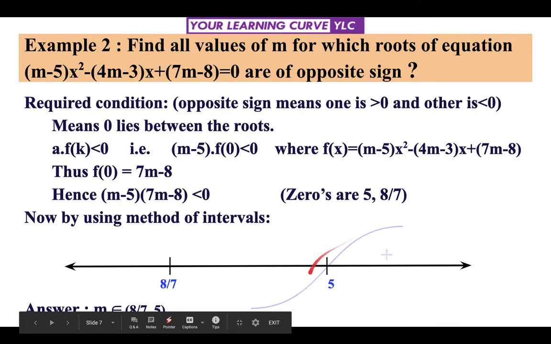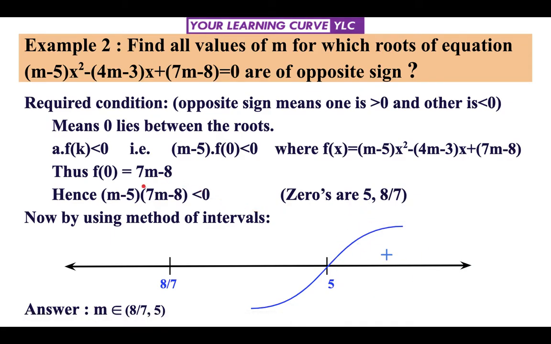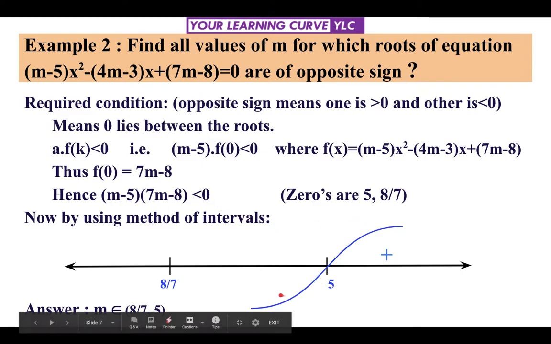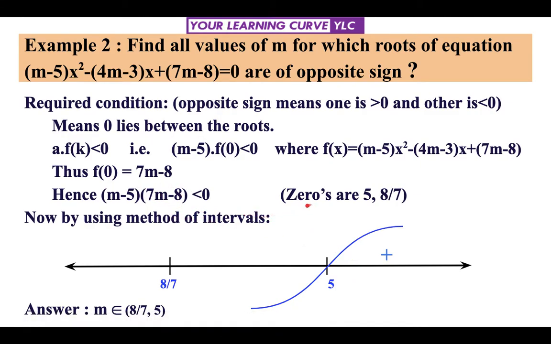Then we'll start with the extreme right, that is the greatest number on the number line. Beyond that we put a positive sign. Then if the powers are odd, we change the sign when we cross that 0, or if the power is even, we retain the sign. So here both the powers are 1, so we will be changing the sign every time we cross a root.